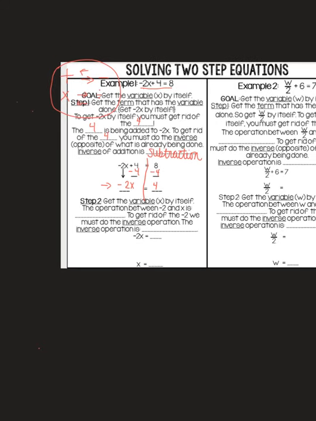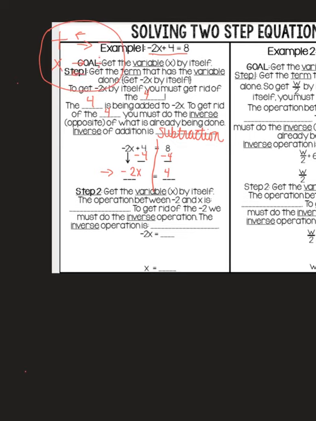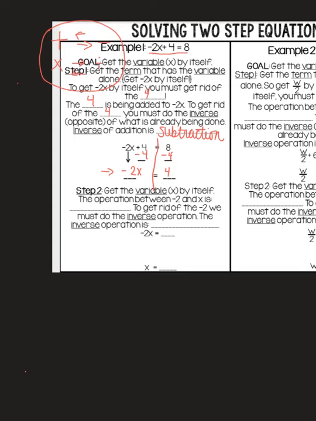The operation between negative 2 and x is currently multiplication, okay? So to get rid of that negative 2, we must do the inverse of multiplication, which is going to be division.